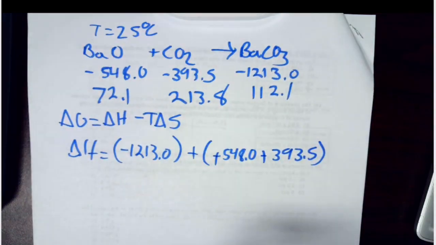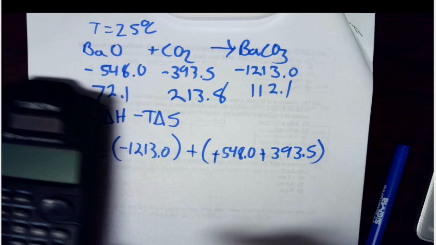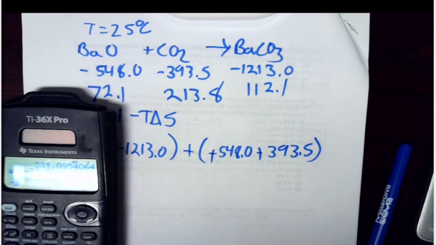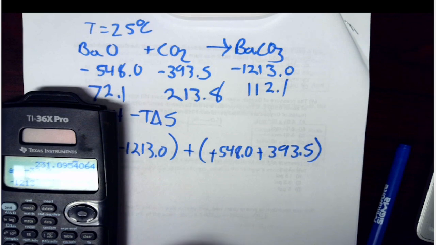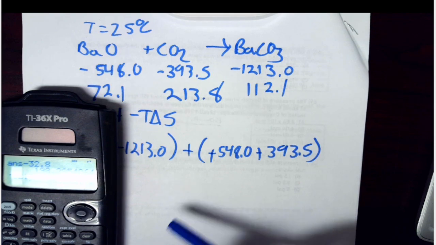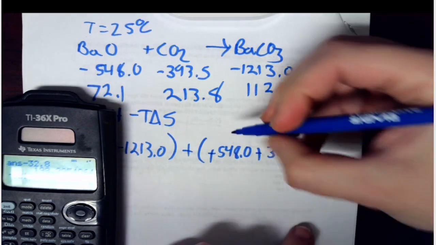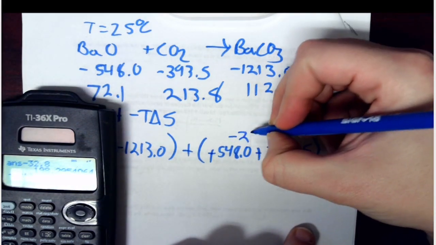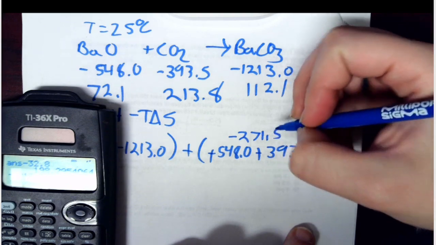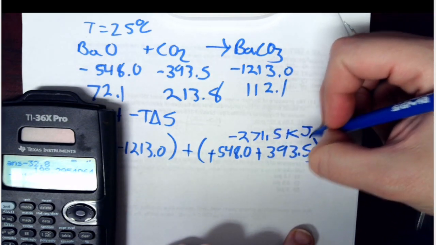I'm going to make those all positive because of minusing a negative. Is this going to be exothermic or endothermic? We will see. 548.5. It is still wildly exothermic. So it's negative 271.5 kJ per mole.